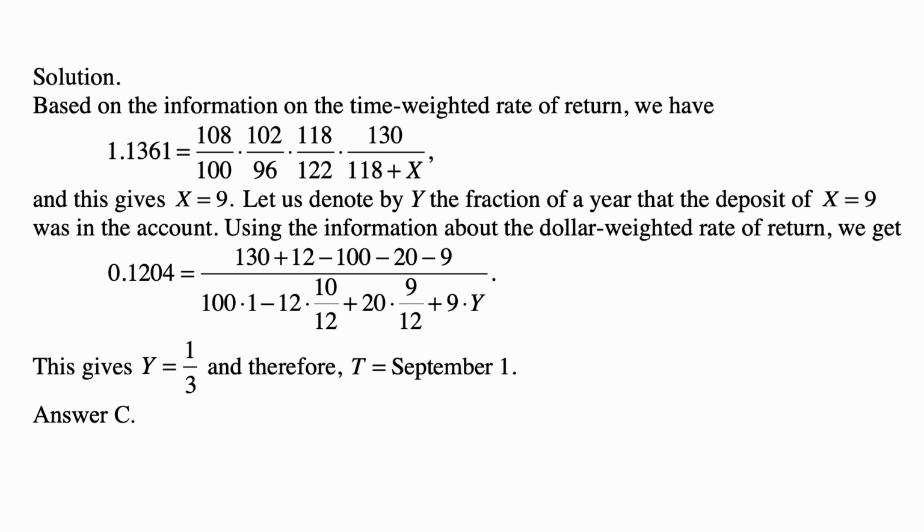That's the numerator calculation. So 130, the final balance, plus 12, which was taken out, minus 100 initial balance, and minus 20 and minus 9, these are the amounts that were put into the account. So the result is the net increase over the whole year.